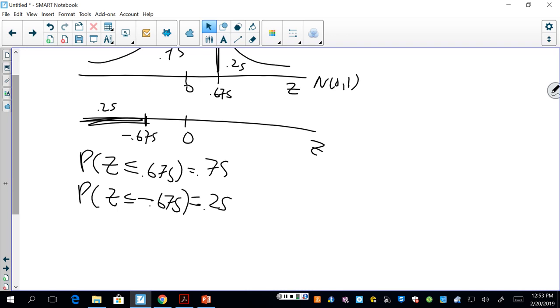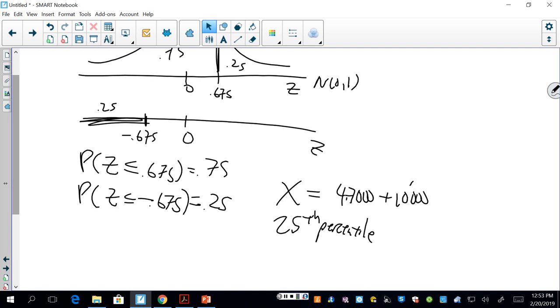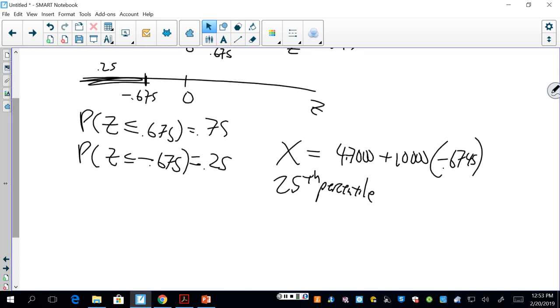And so our x value for the 25th percentile is our 47,000 average, plus now 10,000, but our z value is now negative. And so we subtract that amount, and we're at $40,255.